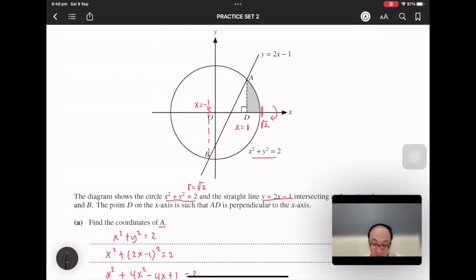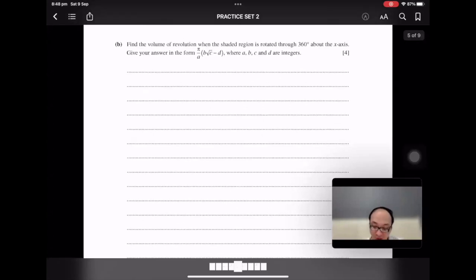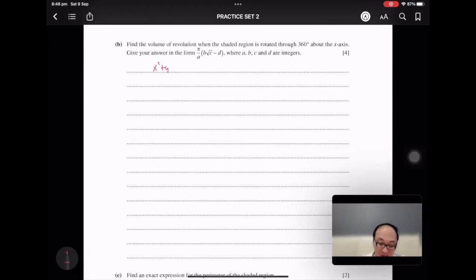So we rotate from 1 until root 2. So x squared plus y squared equals to 2, so y squared equals to 2 minus x squared. And the volume will be equals to pi integral y squared dx, because this is rotated about the x-axis from 1 until root 2.